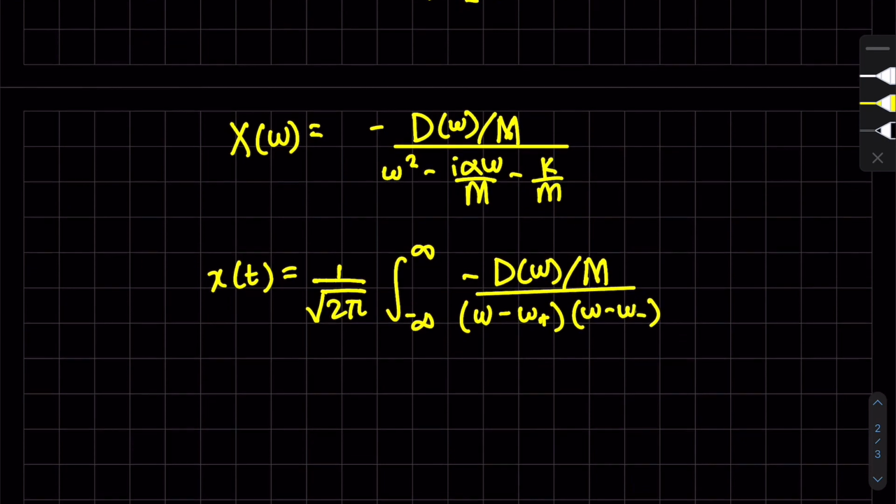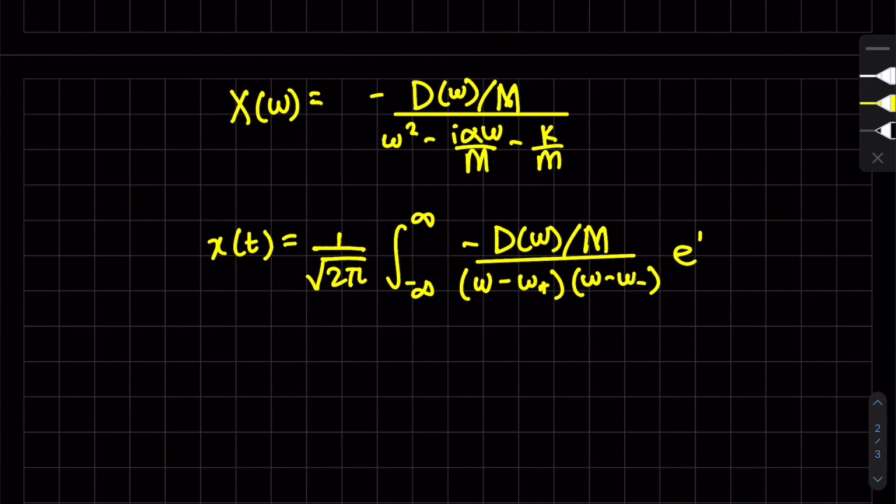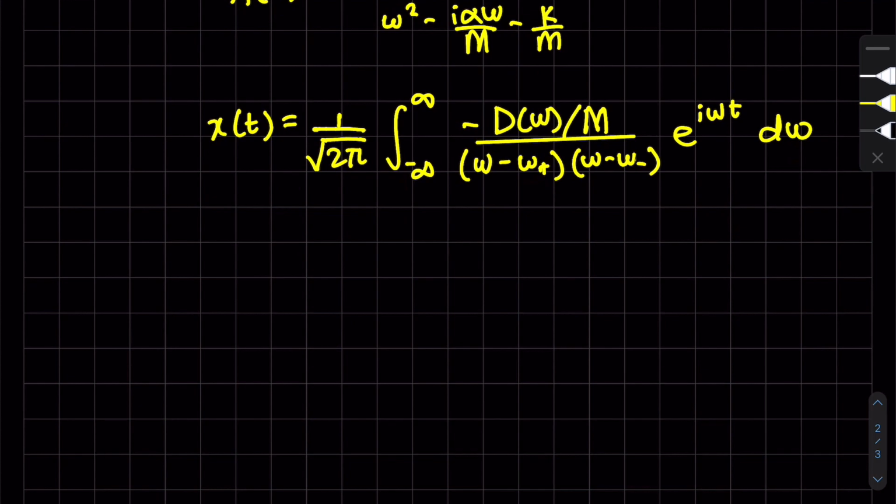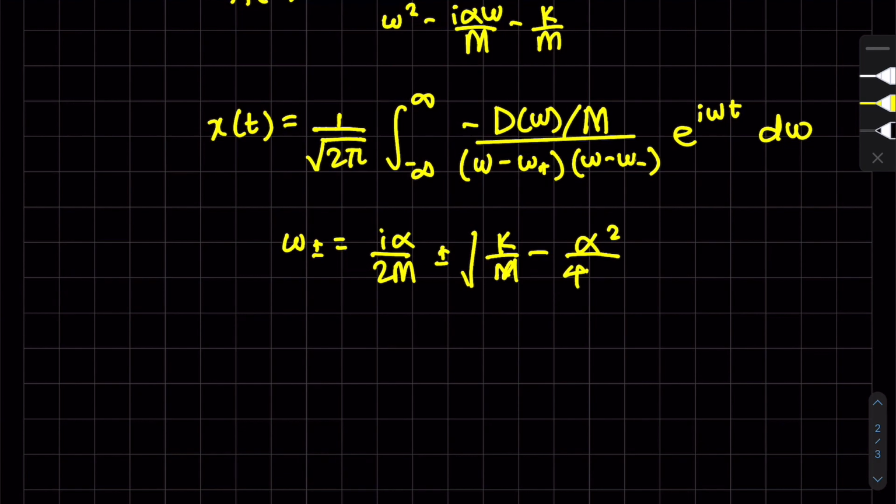The plus and minus are in the subscripts. That's the inversion integral. Now you can solve the quadratic equation to get the values of omega plus and omega minus. i alpha over 2m plus or minus the square root of k over m minus alpha squared over 4m squared.